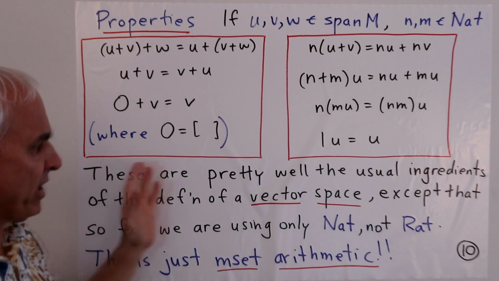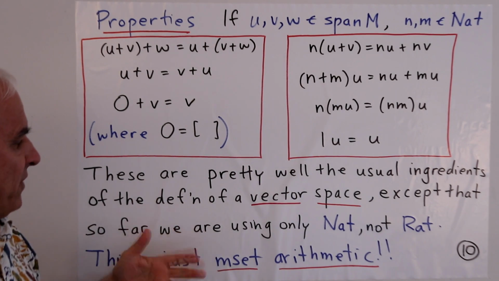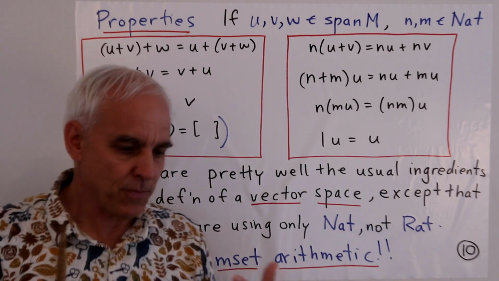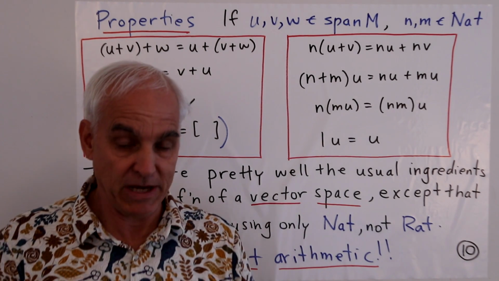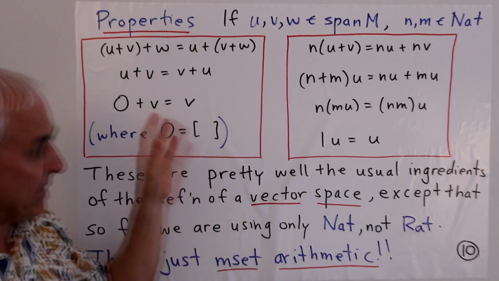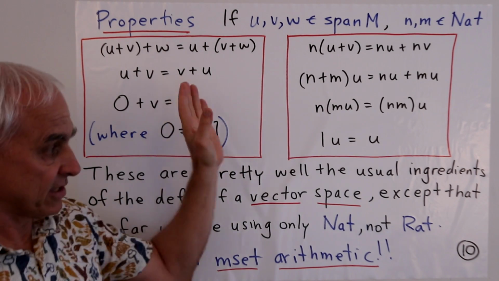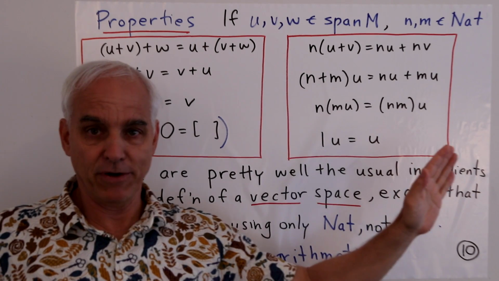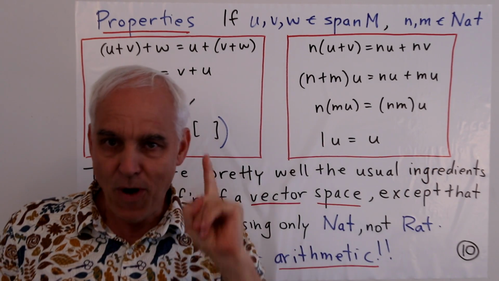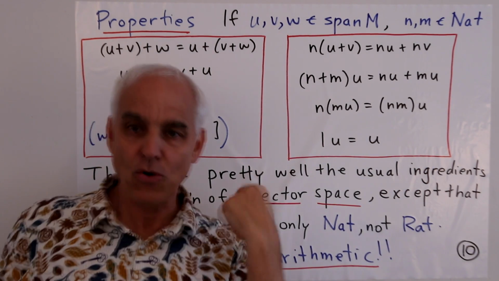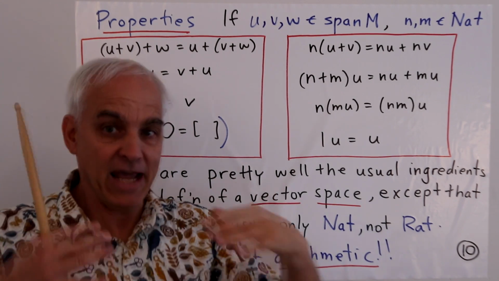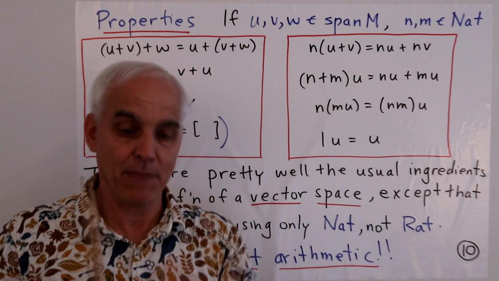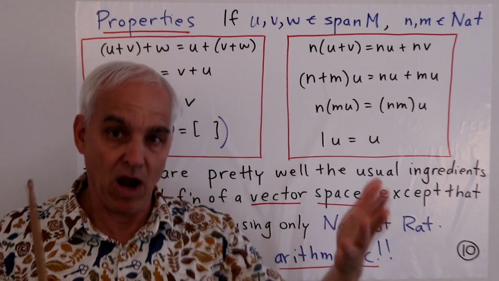Okay, so these are pretty well the usual ingredients of the definition of a vector space. So when you study linear algebra and you eventually get to defining a linear space or a vector space, these are amongst the properties. In fact, they're almost all of the properties. There's essentially only one other property that we don't have, and that distinguishes what we've done today from what we're going to do next time, which is sort of linear spaces proper.